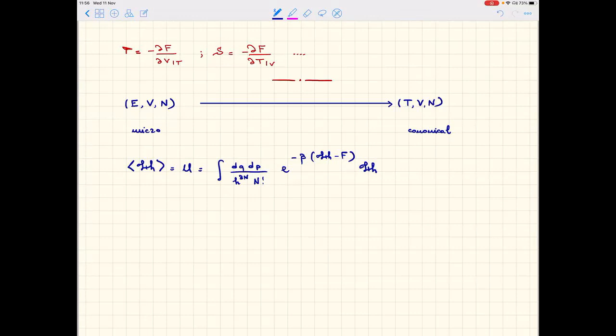Therefore the integral dq dp over h^{3N} N factorial, e to the minus beta (H minus F), times (H minus U) is equal to 0.